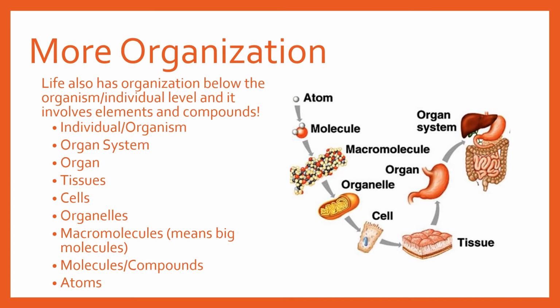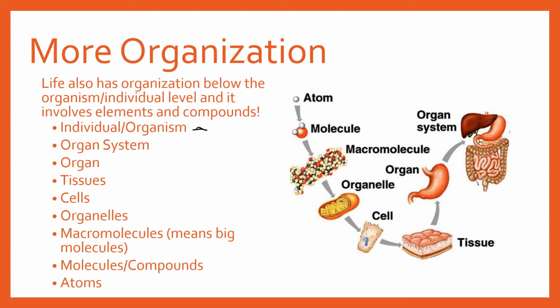Now, when I said that we're made of atoms, we have to go back to our levels of organization. Remember, we talked about how the world is organized. We have the biosphere at the top, then ecosystems, then communities, populations, and then the individual or the organism level. I'm sorry, I missed biomes in between biosphere and ecosystems. But there's actually organization below that level too.